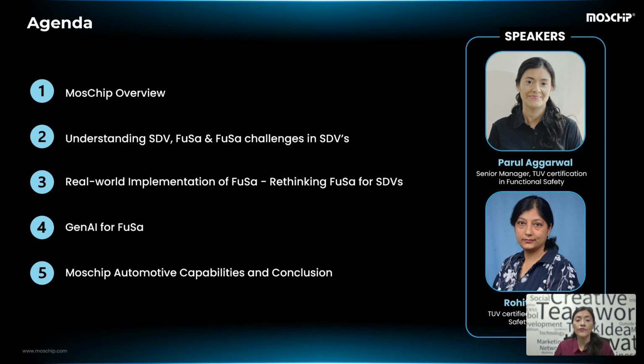We'll also offer a future facing perspective on the possibilities of AI, Edge AI, Gen AI, or Agentic AI for FuSa. Finally, we will discuss MOSCHIP capabilities in automotive domain. By the end of the session, you'll understand why traditional functional safety falls short for software-defined vehicles and gain some real-world insights to future-proof your safety strategy.